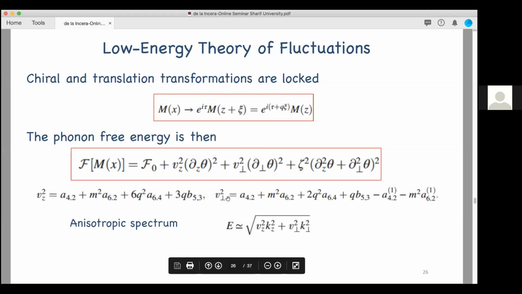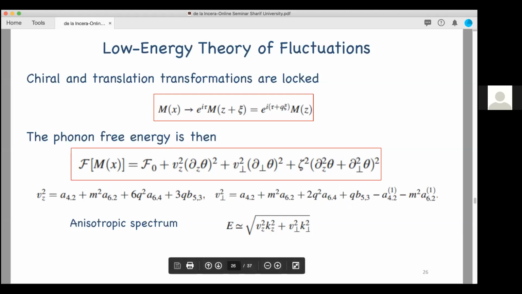Well, look at the expression of B perpendicular square in terms of the coefficients. This combination here: if you don't have magnetic field, all the B coefficients and the A1 coefficients are 0. All of them. You will only have this combination.